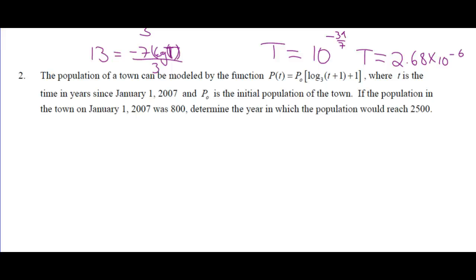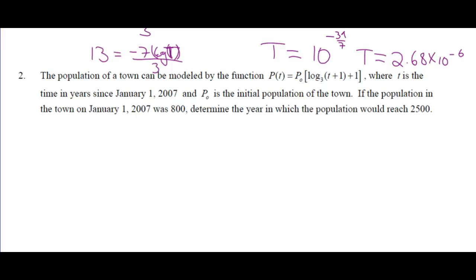The population of a town can be modeled by the function P of t is P naught log base 3 of t plus 1, plus 1. Next year you'll be sitting there reading a textbook and going, where do they come up with this stuff, right? Why is it log base 3? You're more likely to actually see an ln or a log base e.